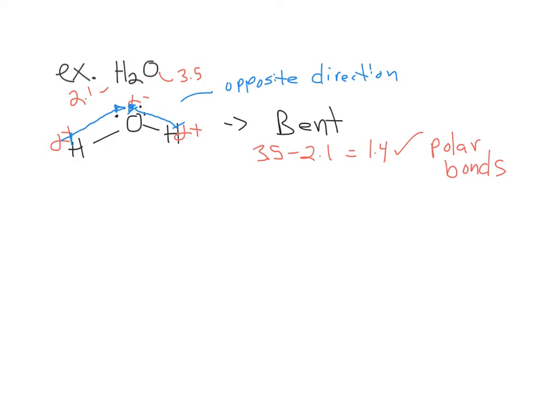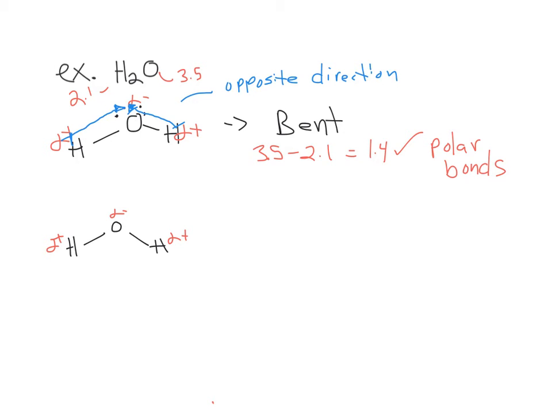Another way to look at this is you can also kind of determine where the center of each charge is. So if we redraw our Lewis structure so it doesn't get messy, we have partially positive hydrogens and our partially negative oxygen.